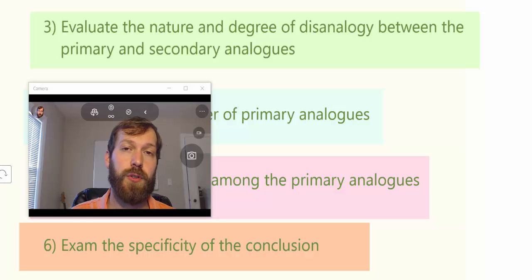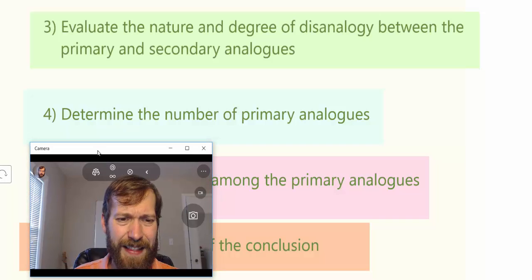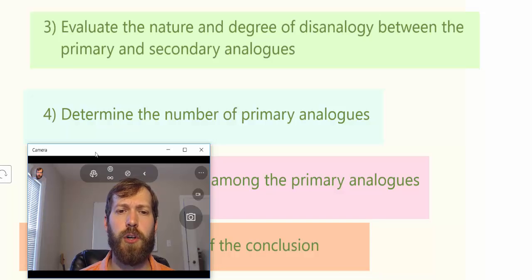So we need to make sure to be looking at the dissimilarities as well as the similarities between the analogs. We also want to determine the number of primary analogs.